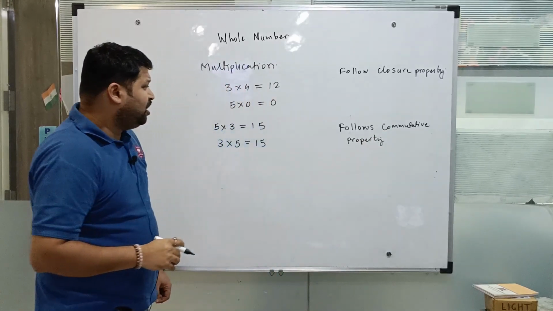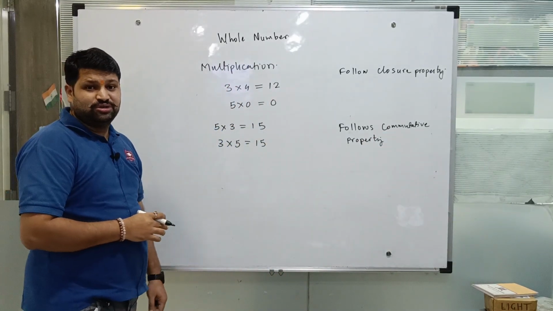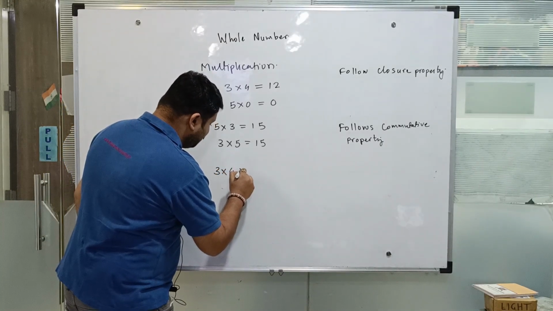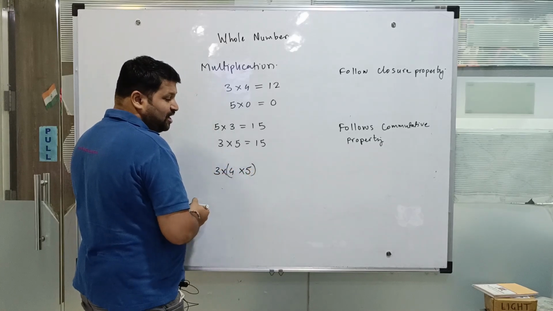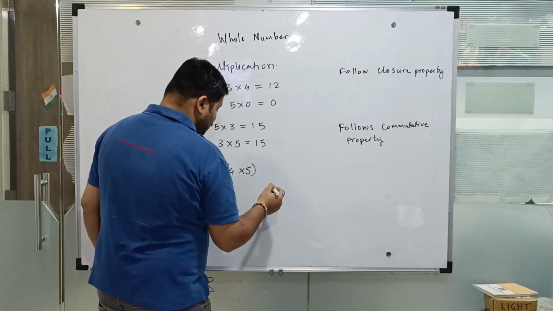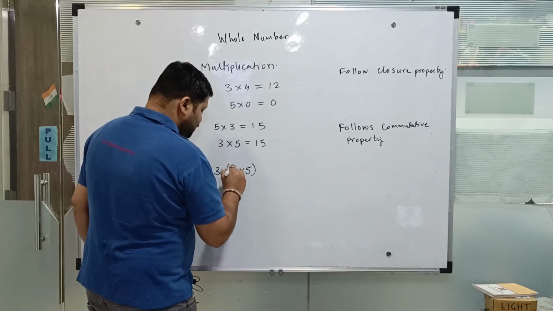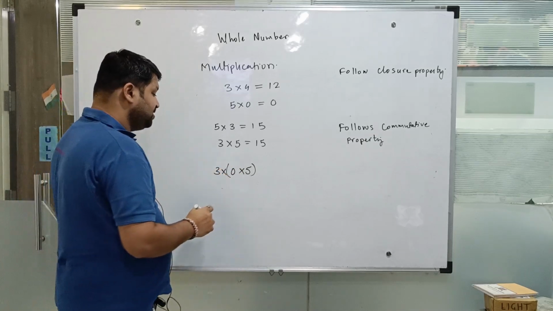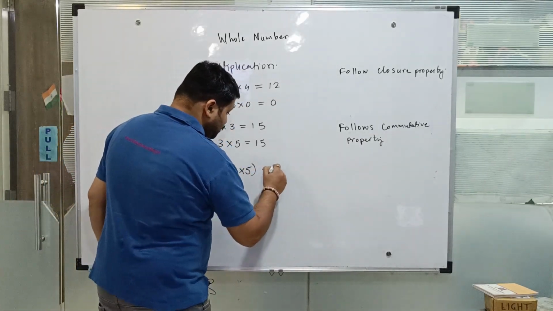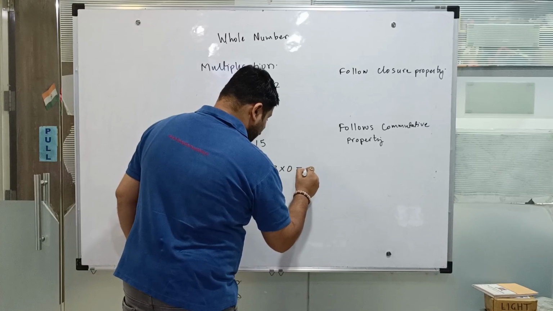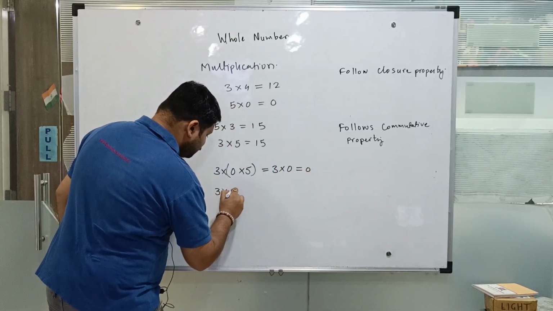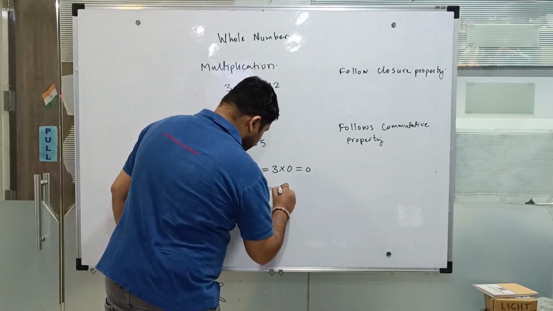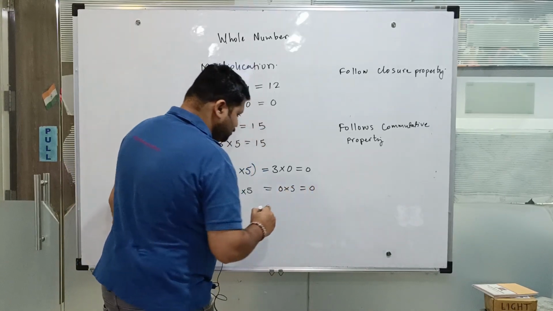Now again, let's talk about the associative property. Say we have 3 multiplied by 0 multiplied by 5. We group them separately and multiply them out. 3 multiplied by 0 is 0, and 0 multiplied by 5 is 0.